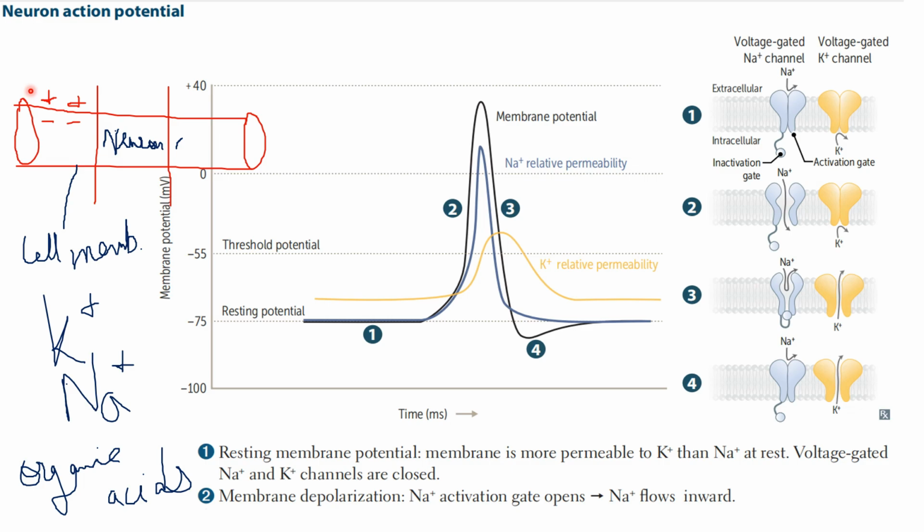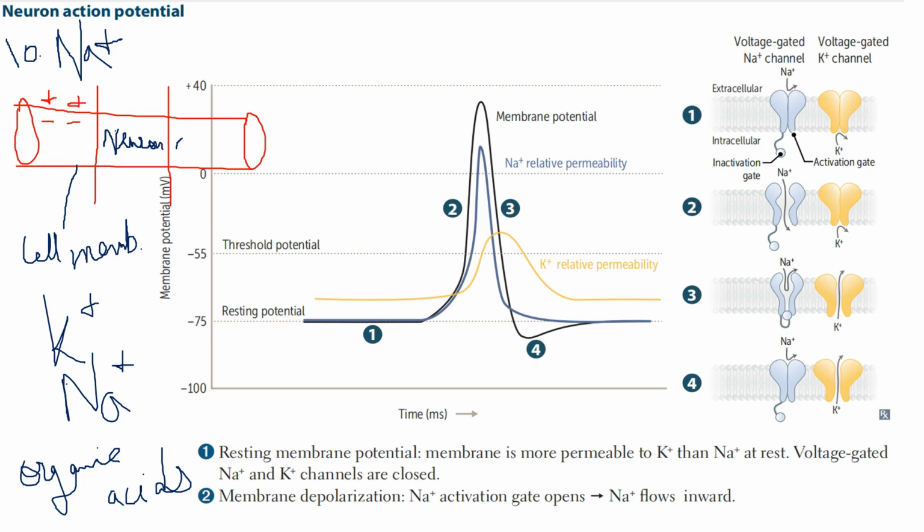And that is going to be 10 times more than the ions we see inside. And if sodium ions are like 10 times more outside than inside, then the potassium inside is like 20 times more than the potassium outside. Okay, so this is all about the potential of the neuron.